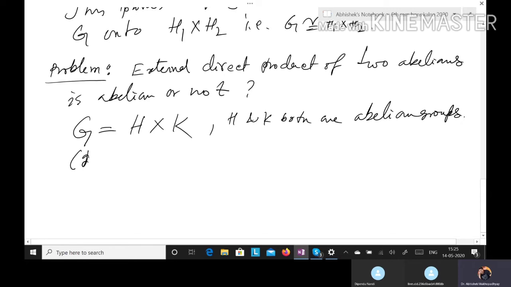One is (h, k) and another one is (h', k').